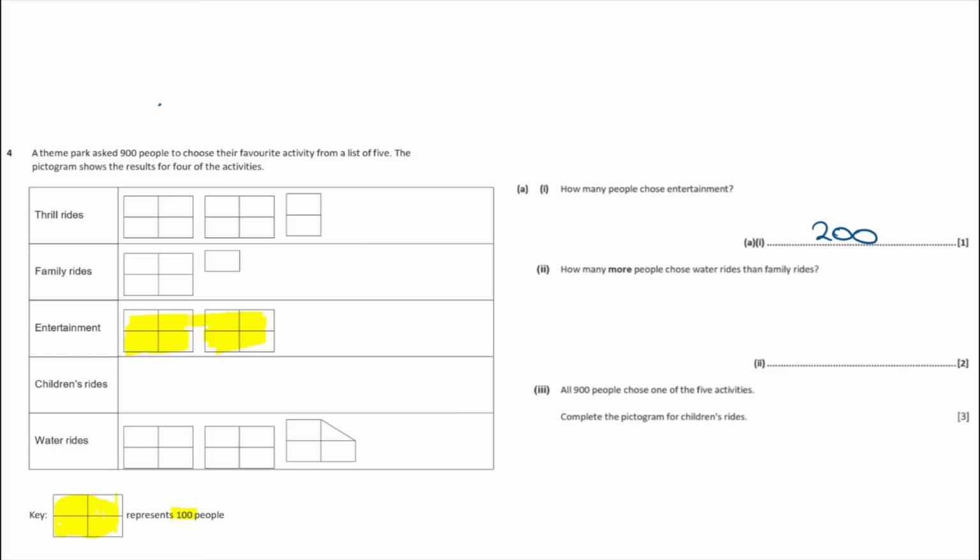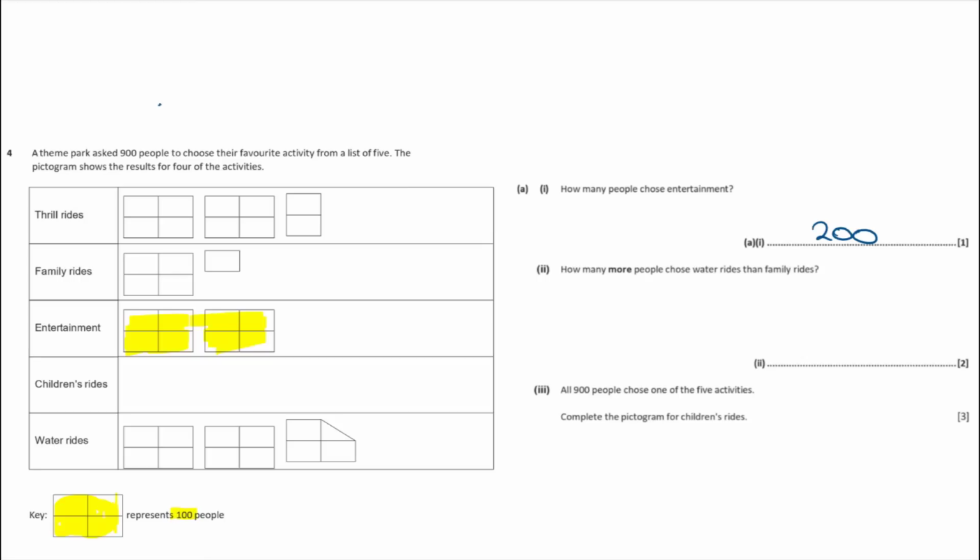Part 2 says, how many more people chose the water rides than the family rides? Well, the water rides has 2 whole grids, and then this other weird one here. This grid is divided up into 4.